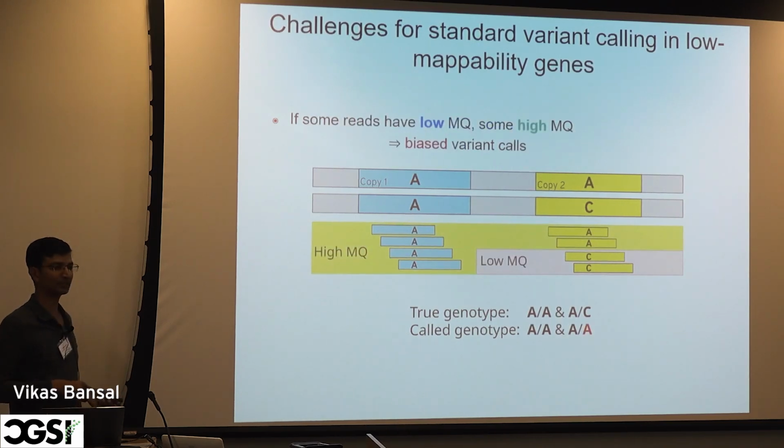There is also a hybrid situation where some of the reads overlapping a variant have high mapping quality because they happen to overlap a PSV on one side, whereas other reads have low mapping quality, depending upon where the PSVs and the variant positions are. This kind of mixed situation can also cause incorrect variant calling and genotyping.